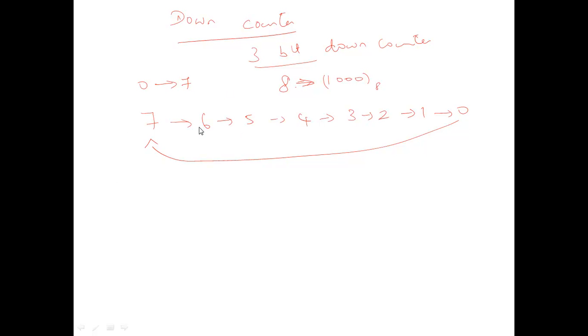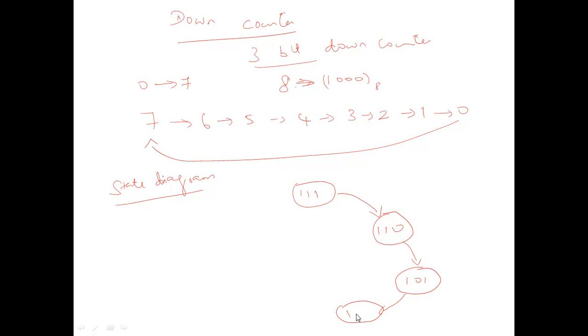Now you can complete the state diagram from the given statement. The statement is 3-bit down counter. So you are starting with 7, which is 1 1 1. The next state has to go to 6, which is 1 1 0. Next is 5, which is 1 0 1. Next is 4, which is 1 0 0.